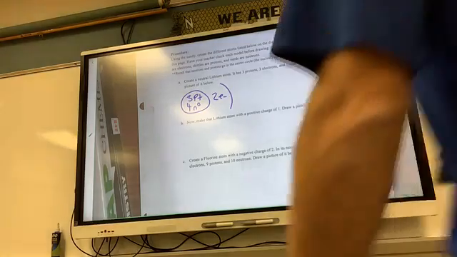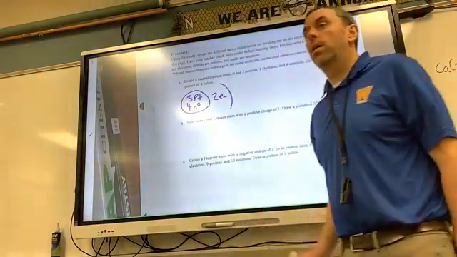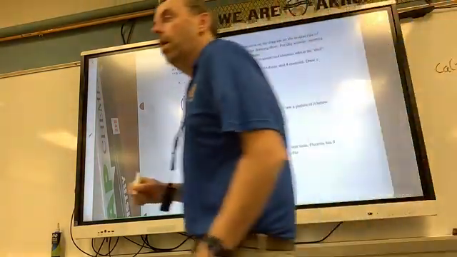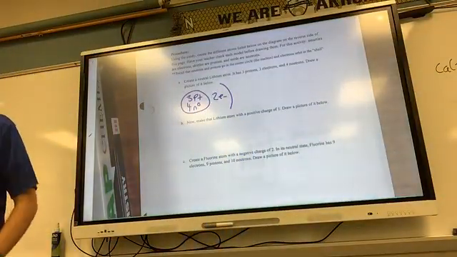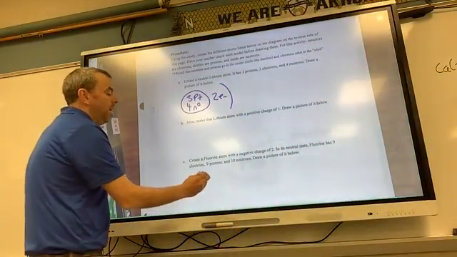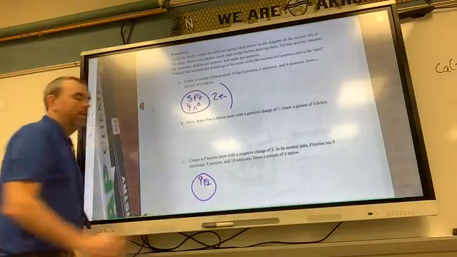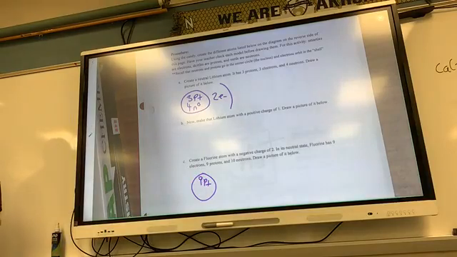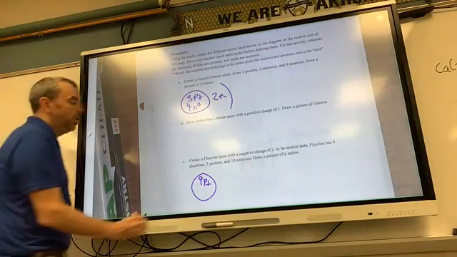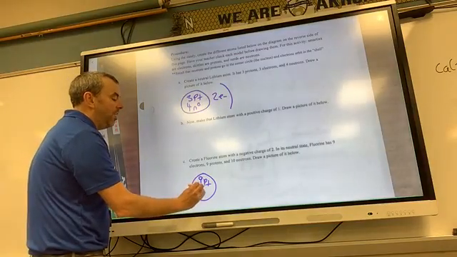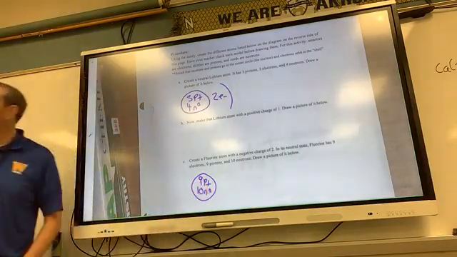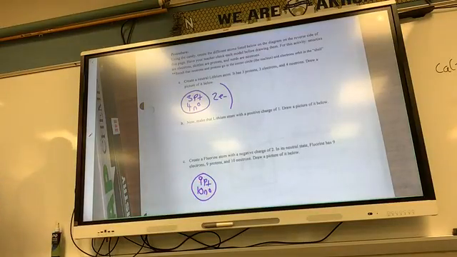All right. So on this one, fluorine has how many protons? 9 protons. Can I change the number of protons? No. How many neutrons does it have? 10. Do the neutrons have anything to do with the charge? No, because they have no charge.